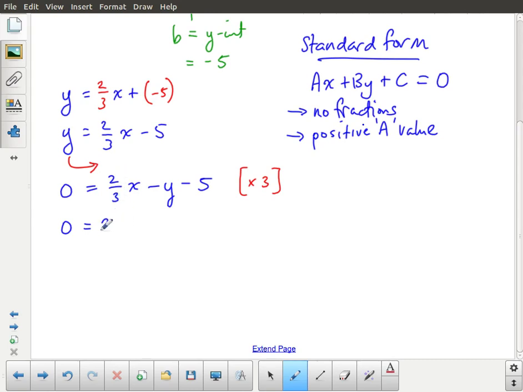So that just gives me 2x. 3 times negative y is negative 3y. And 3 times negative 5 is negative 15. And I could write this to be exactly the same as what I had there. 2x minus 3y minus 15 equals 0.